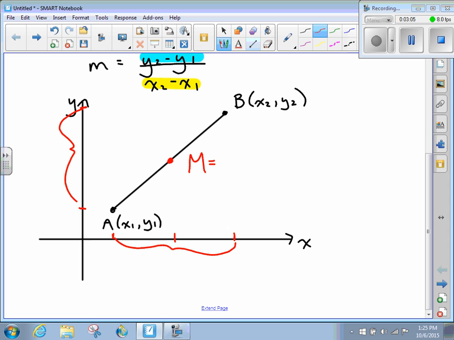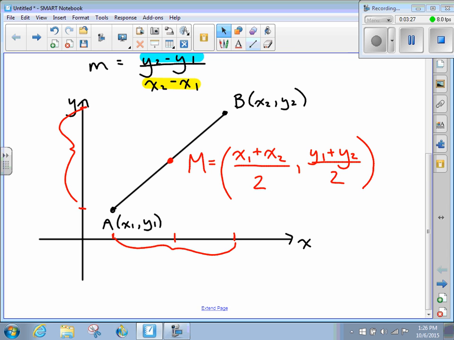So we're averaging our x and y values, and it's going to come out as a coordinate. The way that looks, you take the 2 x values, you add them together, and you divide by 2 to find an average of 2 values. Same thing with the y: y1 plus y2, divide by 2. There's our new equation for today.